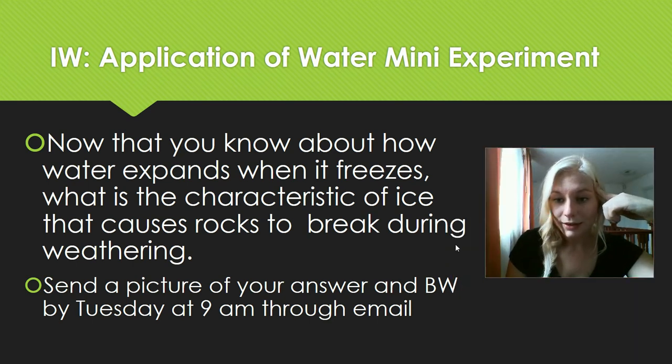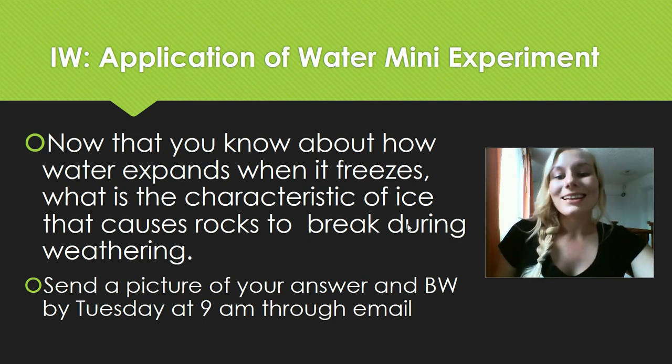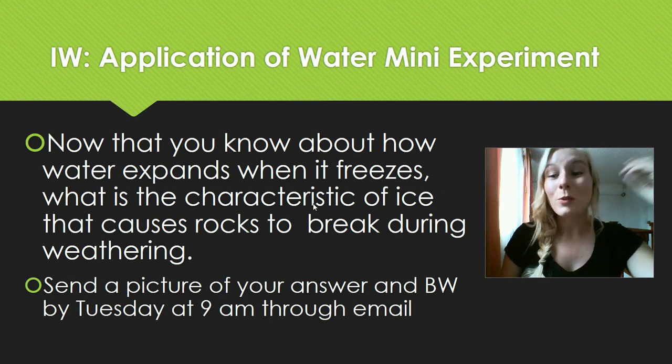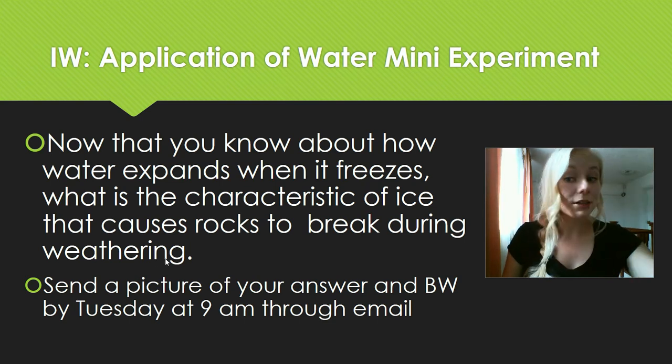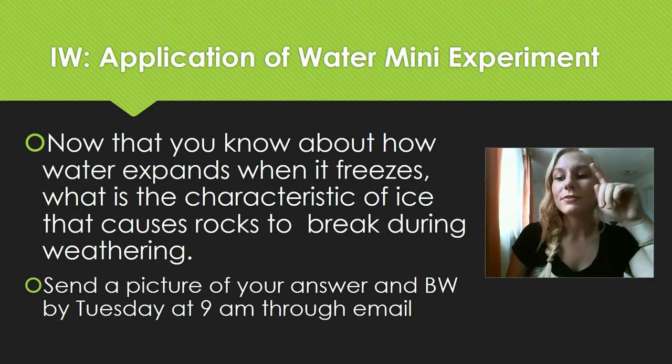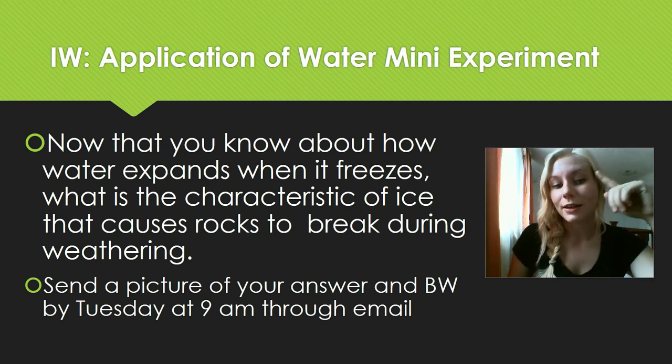Sorry, I'm just moving my face out of the way here. What is the characteristic of ice? So we already kind of talked about this in board work, but what is it about ice? What is it about what happens when water freezes that causes rocks to break during weathering? This was also in your reading on Friday of last week. In case you don't remember, you can go back and look at that.